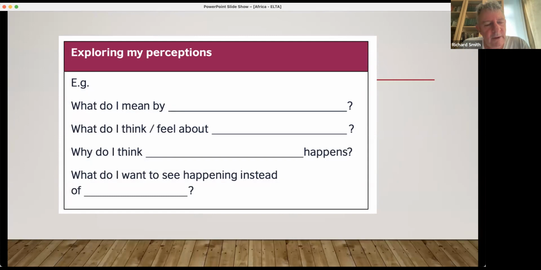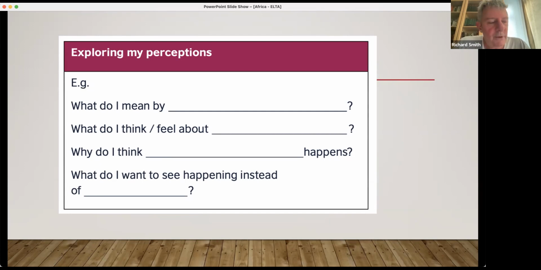Like, let's say that my students don't participate as much as I would like in the class. It'd be quite useful to ask yourself, well, what do I mean by participate? Because participate can mean different things.